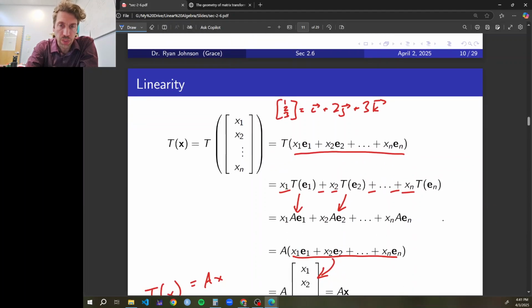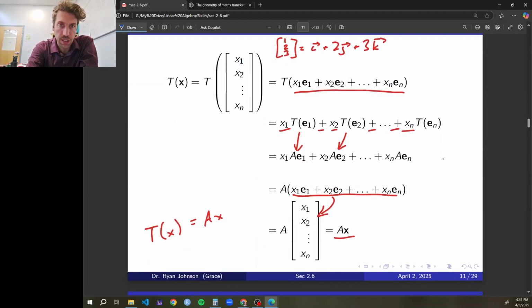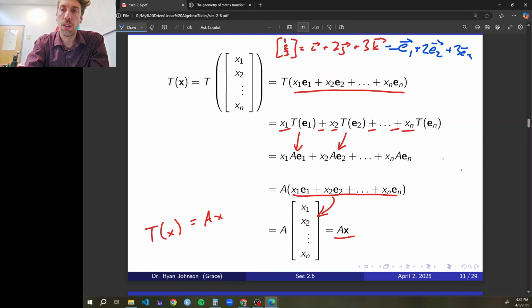So T of x is T of (x1, x2, x3), which is equal to T of x1 e1 plus x2 e2 plus x3 e3. Basically we're writing (1, 2, 3) like i plus 2j plus 3k using our Calc 3 language. Using our linear algebra language, it's e1 plus 2e2 plus 3e3.